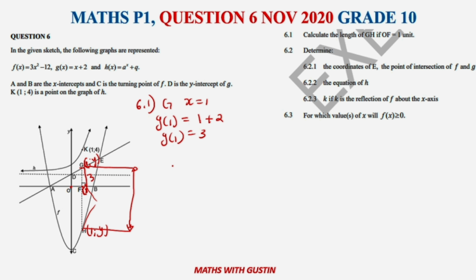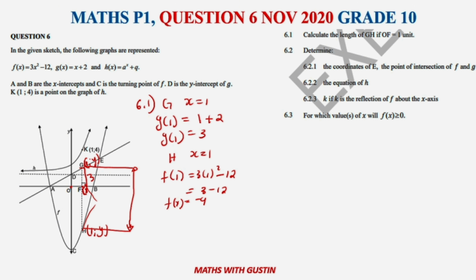Good stuff. Now where is H sitting? H is sitting where x is equal to 1. H is sitting on F. So you can go to the graph of F and say when x is equal to 1, what is y? It's going to be 3 minus 12, which gives us a value of minus 9.